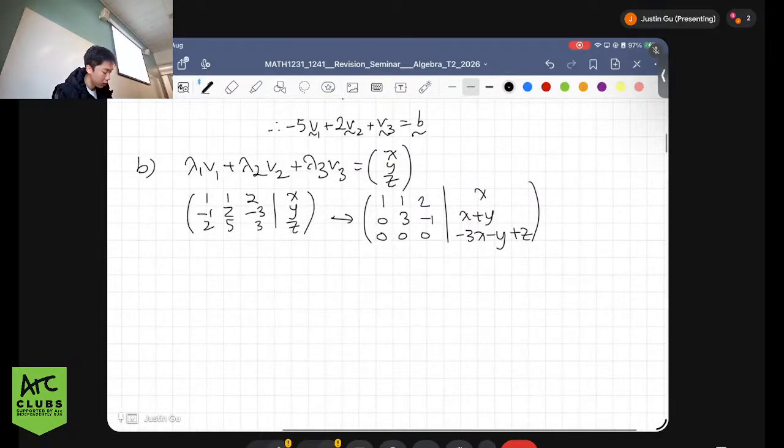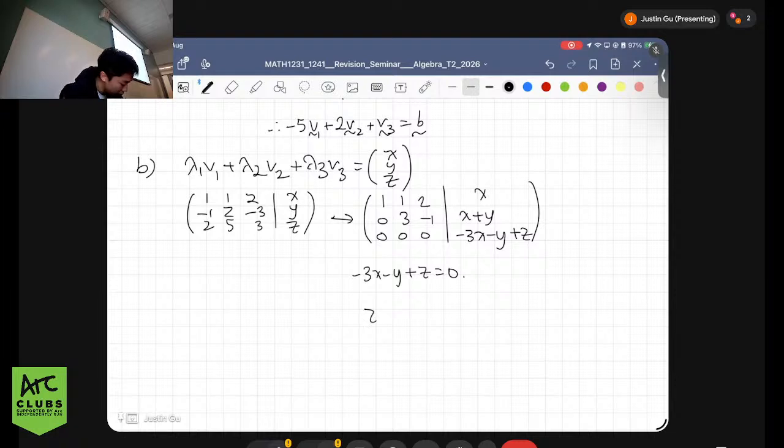Up until this point, we can look at the last row and realize that if we want the system to be consistent, so that there is a solution, we need minus 3x minus y plus z equals 0. Anything else would lead to inconsistency. We just rewrite it as z equals 3x plus y.